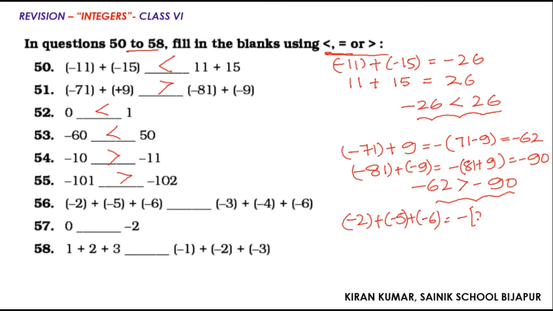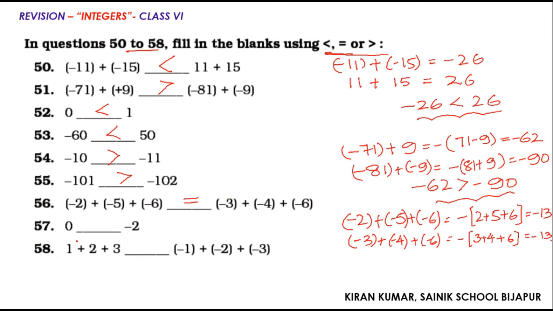So 2 plus 5 plus 6 will be negative 13. When minus 3 is added to minus 4 added to minus 6, we do the same thing. Minus of 3 plus 4 plus 6 will also be minus 13. So the symbol which must be used here is equal to.